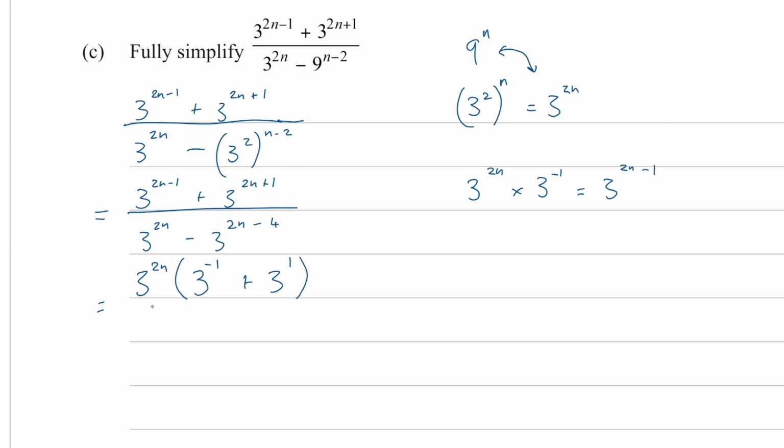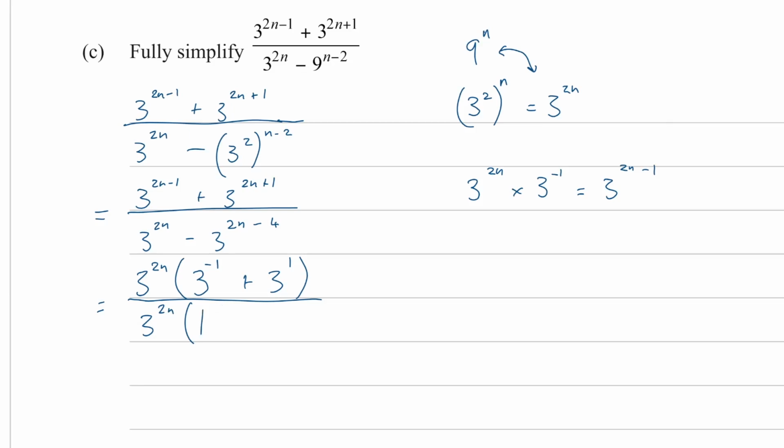We can do the same with the denominator. 3 to the 2n is a common factor. Well, 3 to the power of 2n times what equals 3 to the power of 2n? 1. All right, or if you want to be extra fancy, I guess you could actually do 3 to the power of 0, because that is also equal to 1.